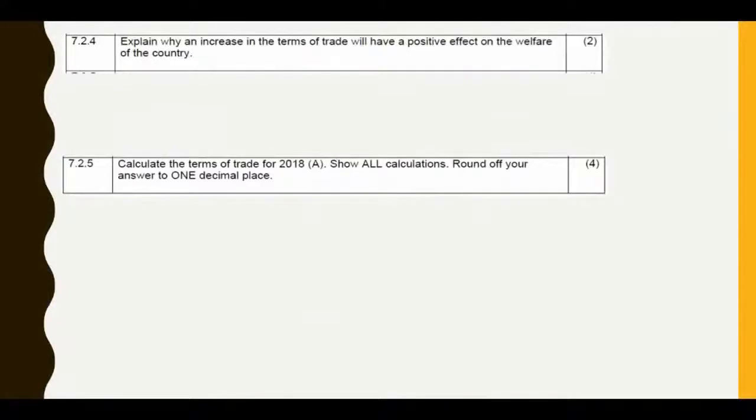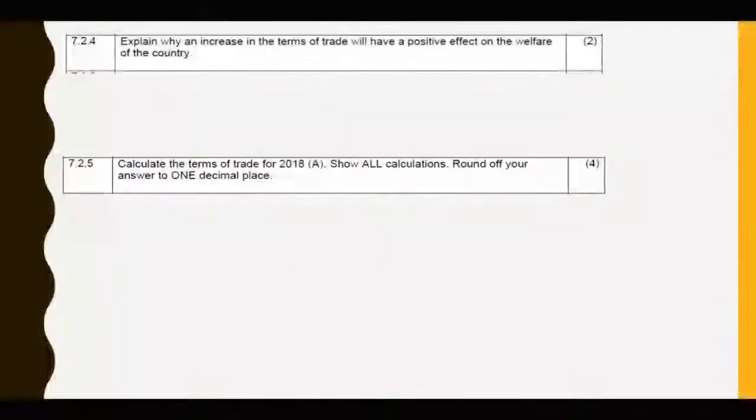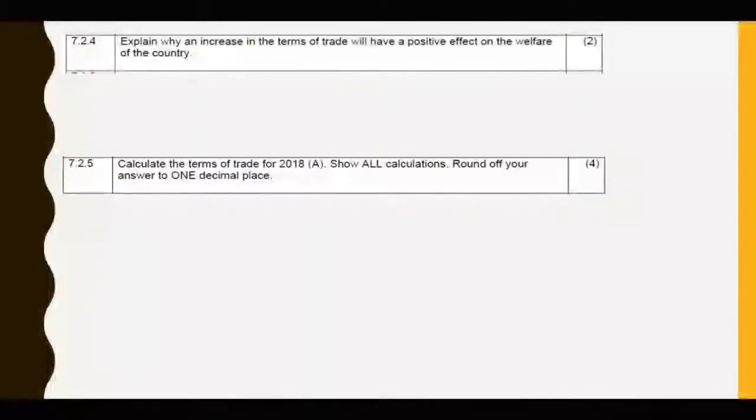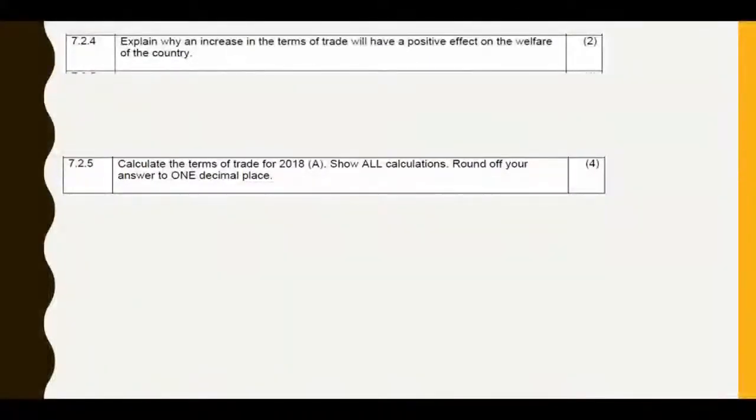Why will an increase in terms of trade have a positive effect on the welfare of a country? If you remember from earlier, I said that an increase in the terms of trade is caused by one of two things. Either the export prices of a country's exports have increased, or the prices of the goods it has imported have decreased.